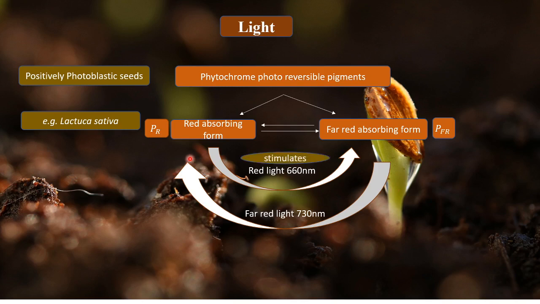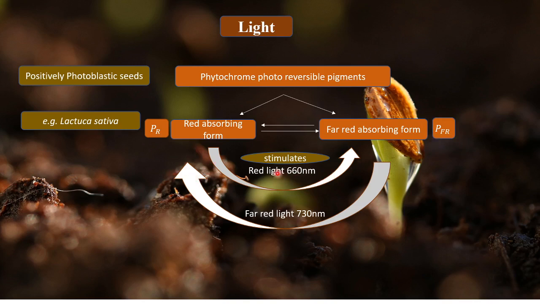So red light actually stimulates germination. How? By converting PR to PFR. So what we understand from this is that red light stimulates germination, and for germination to happen, the pigment phytochrome FR, that is PFR, is important, right?